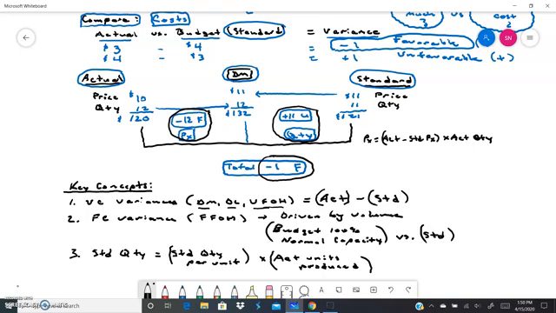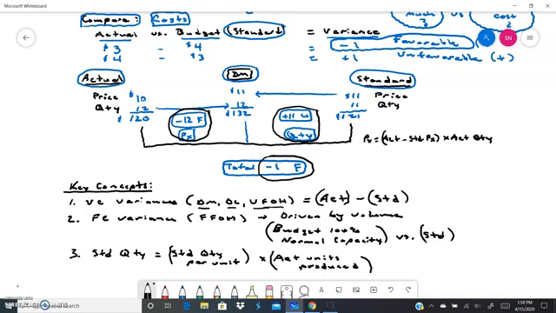So it's going to be based on the quantity per unit times the actual amount of units that we produce. So again, it's always based upon the actual number of units that we produce, but the standard quantity allowed per unit. Okay, so we'll come back to that.